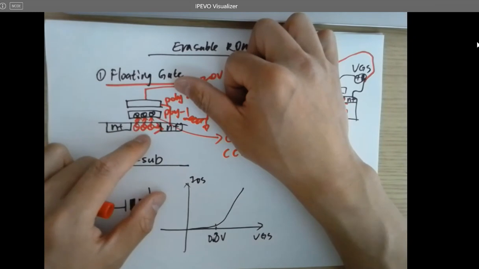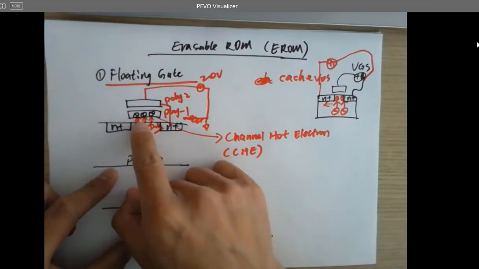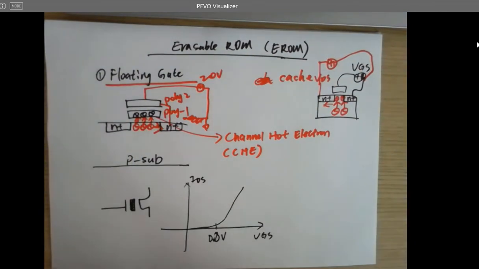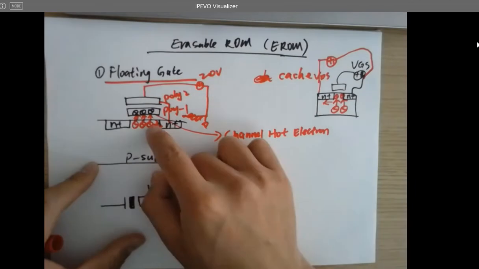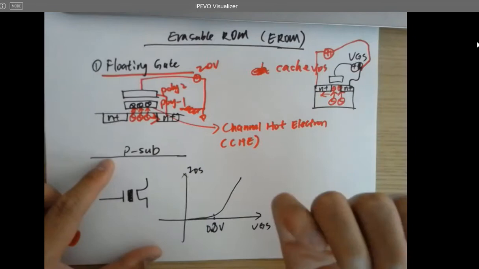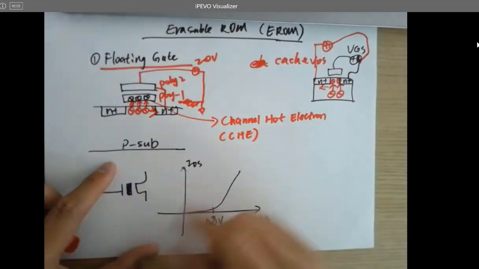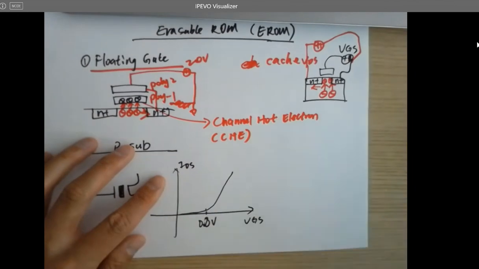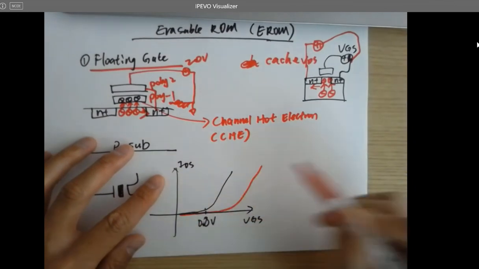Oppositely, the electrons are canceling that effort. So the threshold voltage will be shifted to the right. This curve, right? So we're getting a higher threshold voltage.